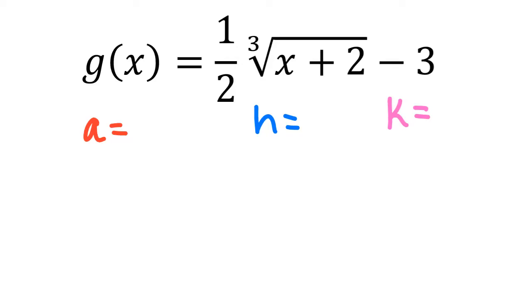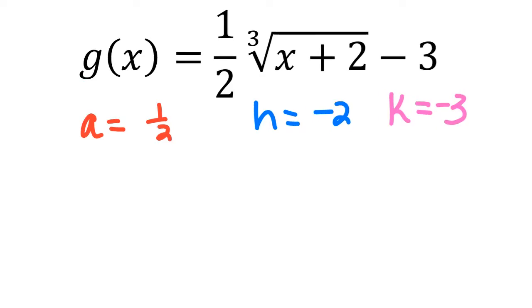Go ahead and tell your partner what a, h, and k are here. All right, Nick, can you tell me a, h, and k? a is 1/2, h is -2, and k is -3.